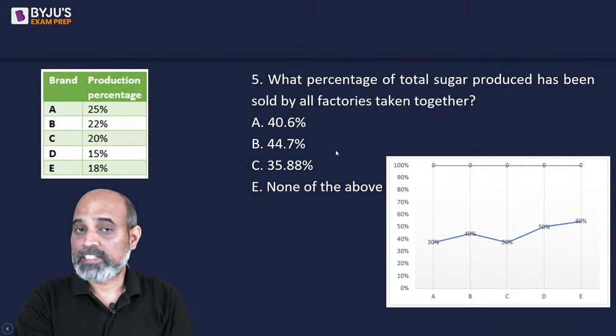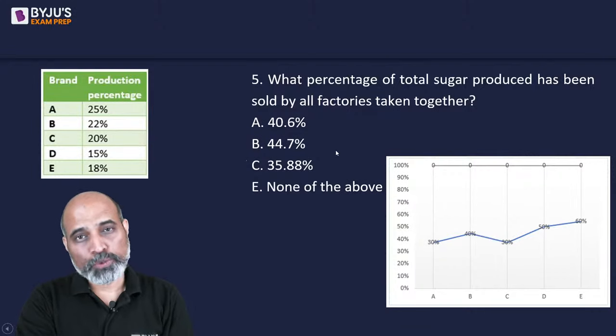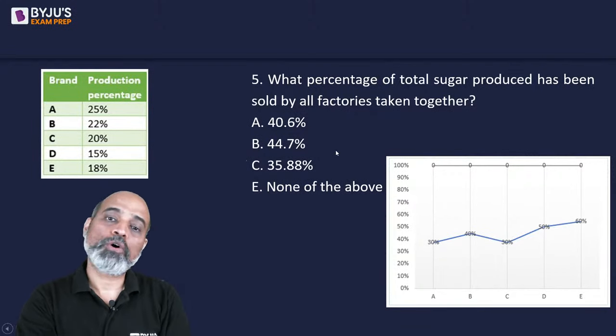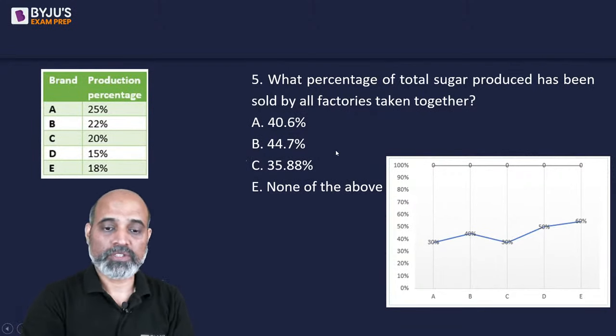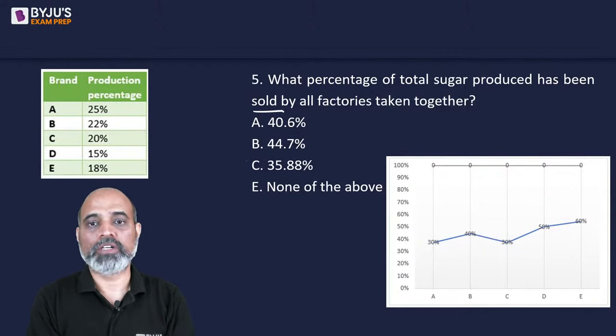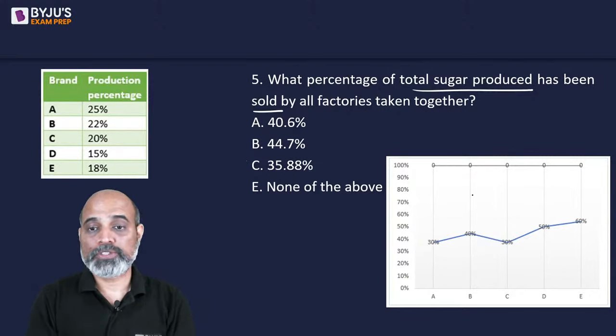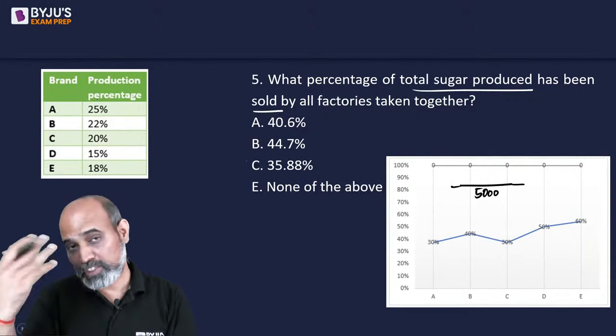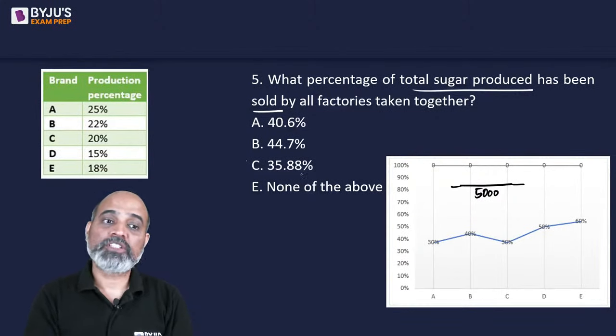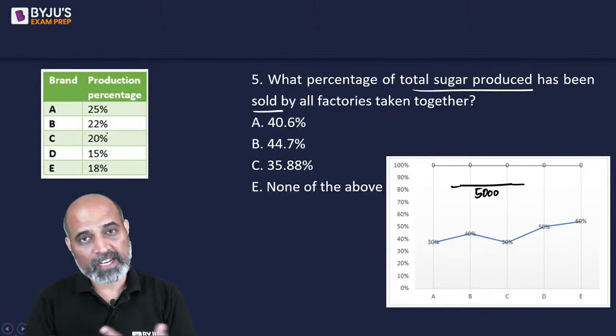Okay, next. What percentage of total sugar produced has been sold by all the factories taken together? So ध्यान देना, it's talking about sold and total sugar produced. Now the total sugar produced is 5000. अब इस 5000 का कितना sold है? Can we say 30% of 25% of 5000, 40% of 22% of 5000, and so on?